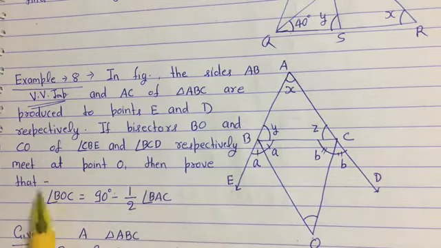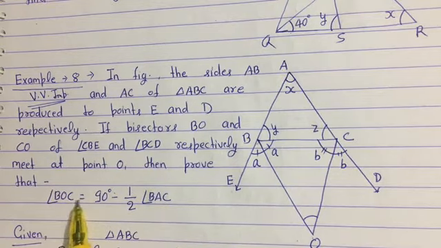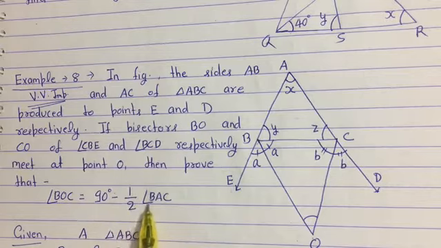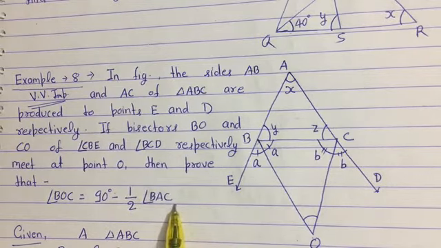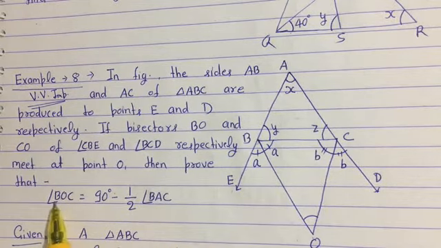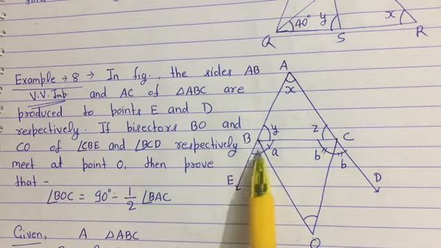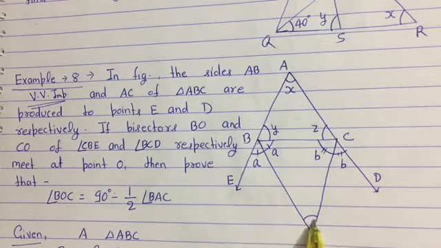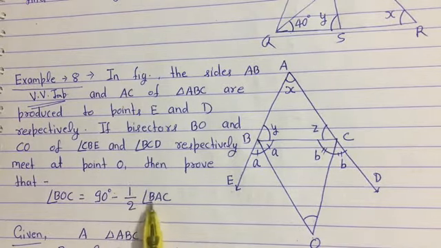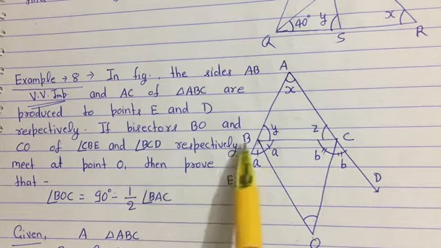Then prove that angle BOC is equal to 90 minus half angle BAC. Where is angle BOC? Angle BOC means this angle is equal to 90 minus half angle BAC. Where is angle BAC?